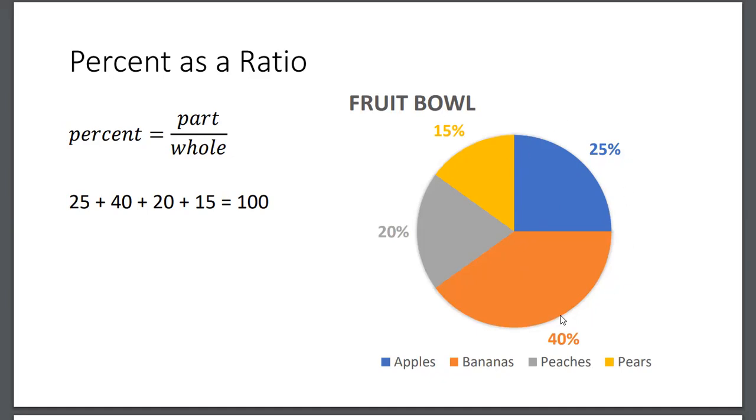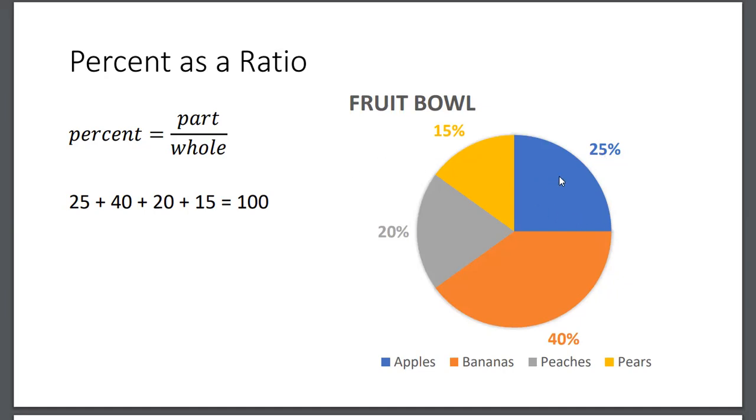If we take those percents, 25 and 40 and 20 and 15, that's 65, 85, 100. They add to 100. So the whole fruit bowl is made up of the parts.